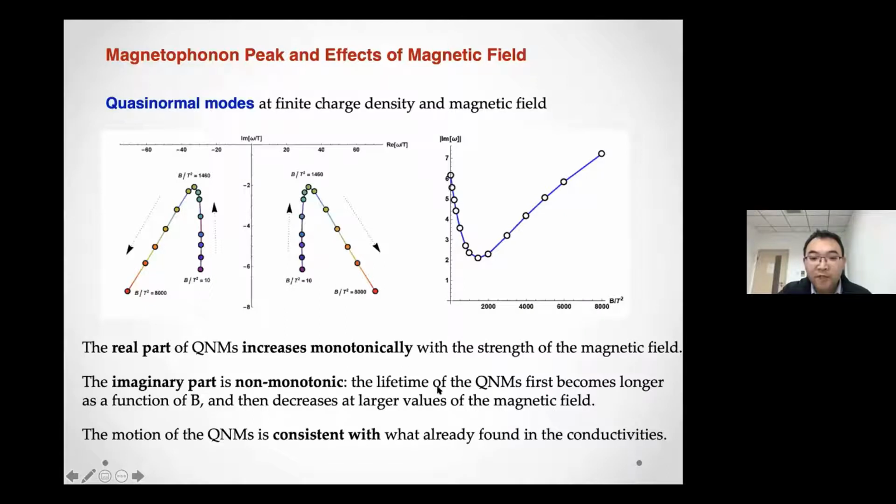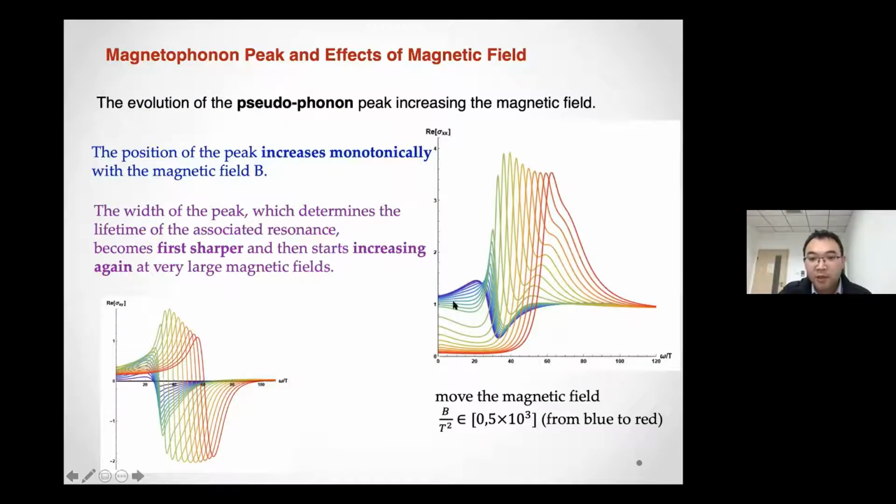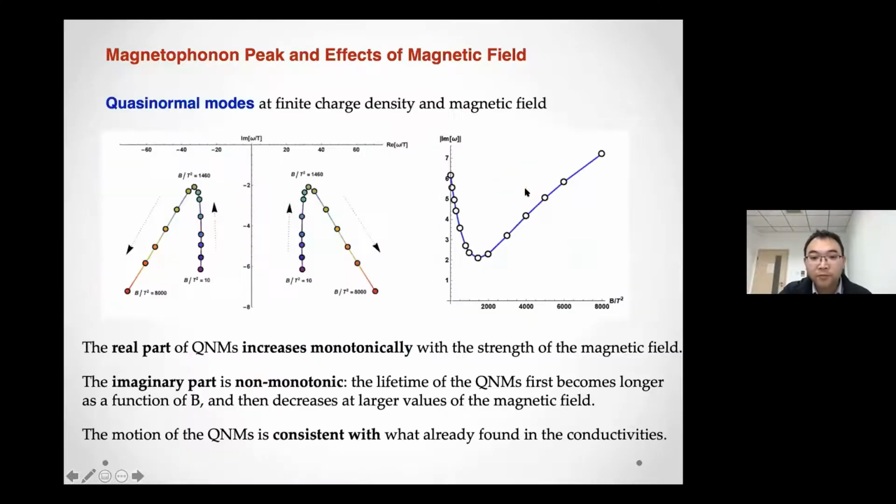This means the lifetime of the quasinormal mode will first become longer, because the imaginary part decreases as a function of magnetic field, and then decreases at a large value of magnetic field. So actually the motion of the quasinormal mode is consistent with what we already found in the optical conductivity. They are consistent with each other because this peak is controlled by the quasinormal mode.